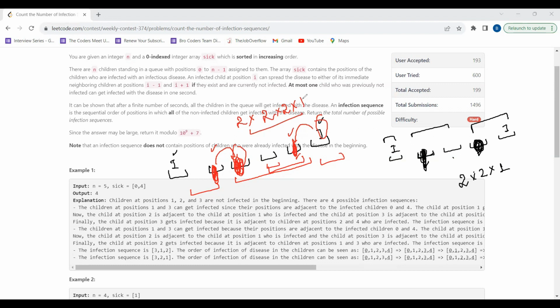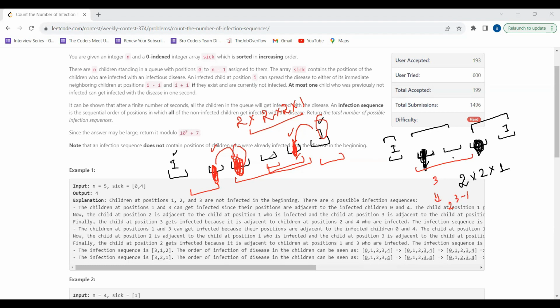So if you go by these deductions, you'll find out that if we have got some spaces between two infected people, suppose we have got 3 spaces here, what we did was 2 to the power 3 minus 1.